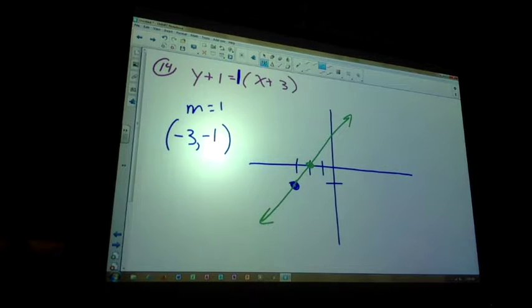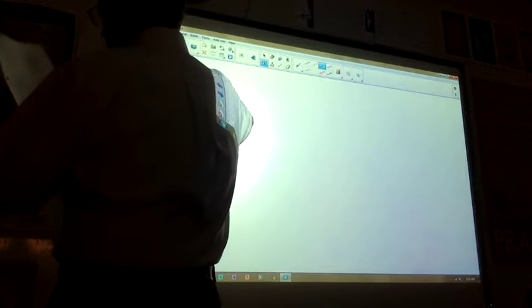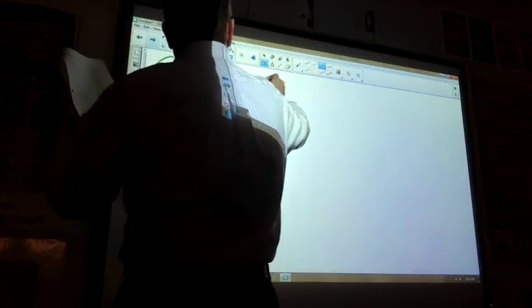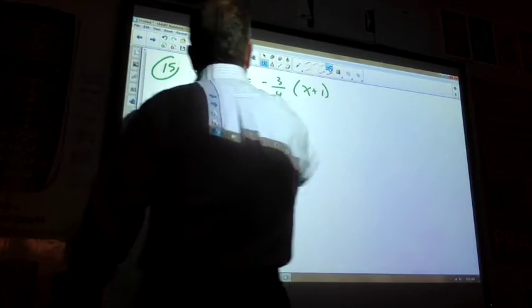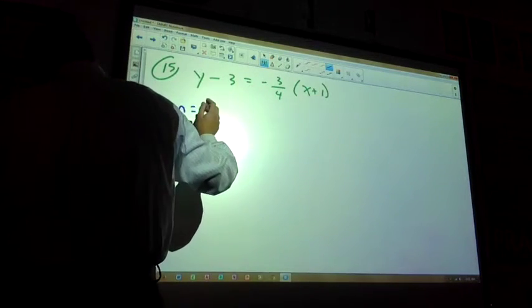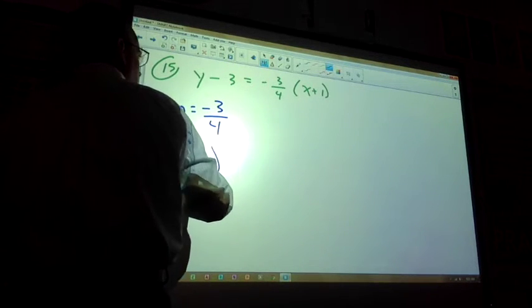Any others on this entire worksheet? Number 15 is set up in point slope form as well. What is my slope? Negative 3 over 4. And my point is what?